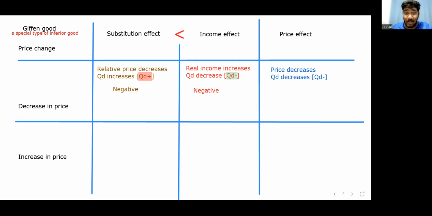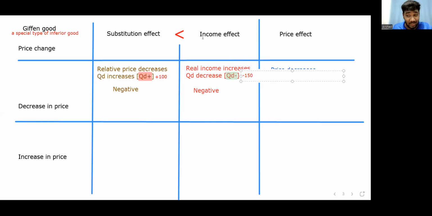So let me give some numbers. Maybe when the price decreased for this Giffen good, according to the substitution effect, QD increased by 100, so plus 100. According to the income effect, QD would decrease by 150.